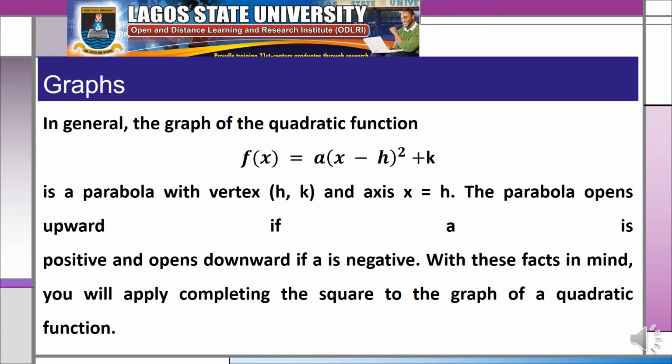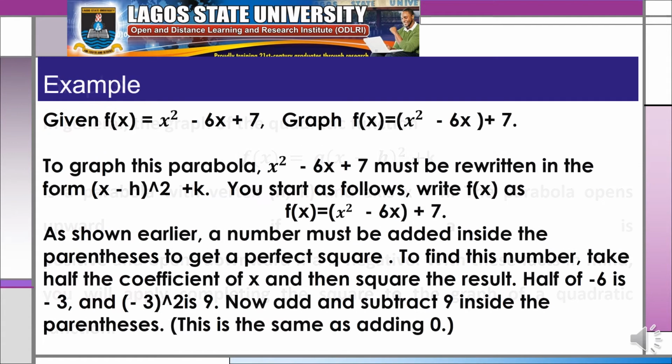With these facts in mind, you will apply completing the square to the equation of the graph of the quadratic function. Example, given the function f of x equals x squared minus 6x plus 7. This function can be written as (x squared minus 6x) plus 7.